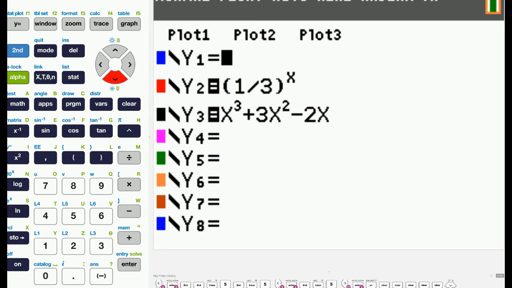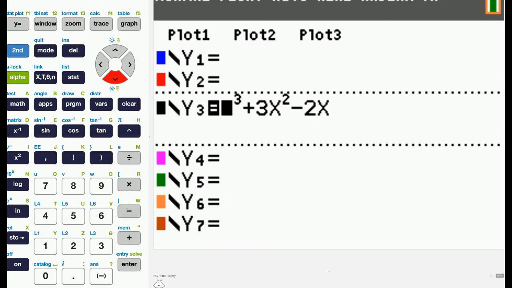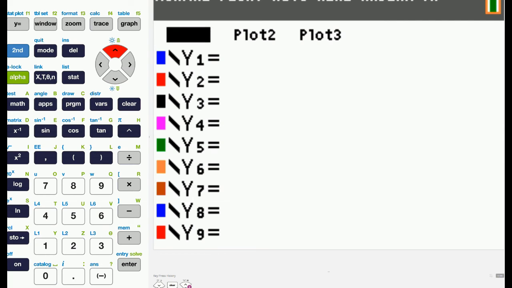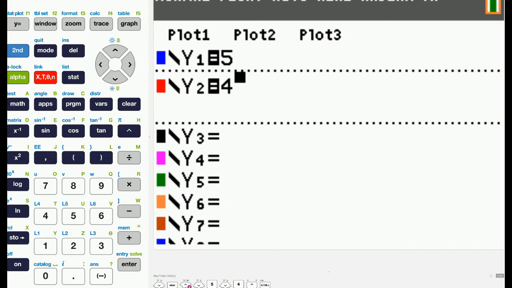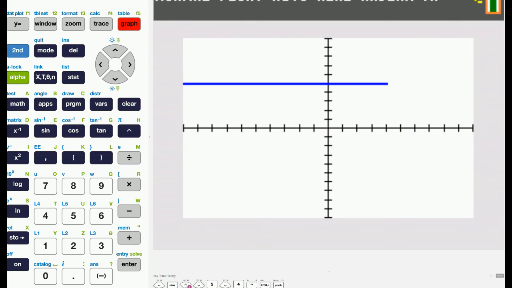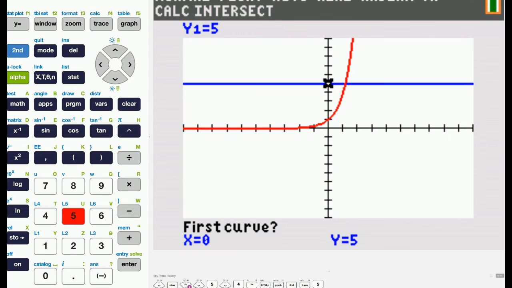Clear out these old functions. I'm going to have 5 equals 4 to the x. Graph. There's 5. They intersect once. Second trace intersect.